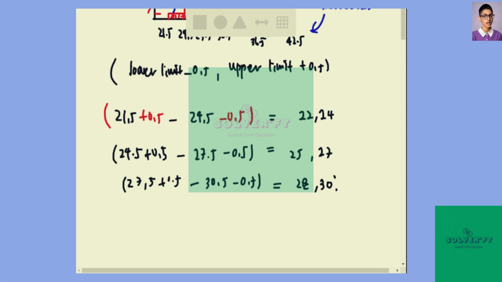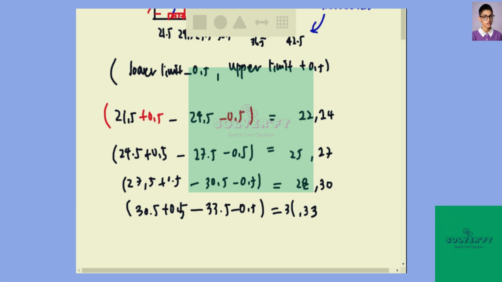Next, 30.5 plus 0.5 to 33.5 minus 0.5. This gives us 31 to 32, or 33, I'm sorry. So 31 to 33. Let me erase this and rewrite it: 31 to 33.